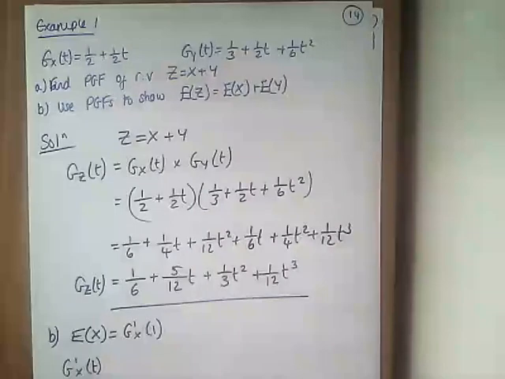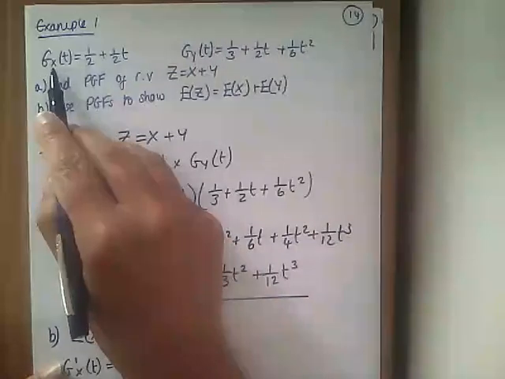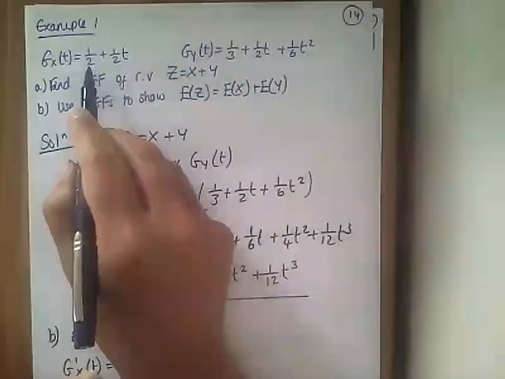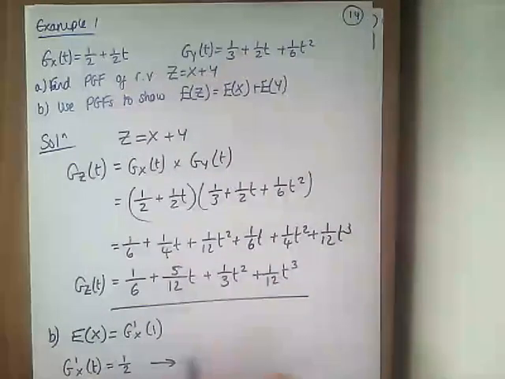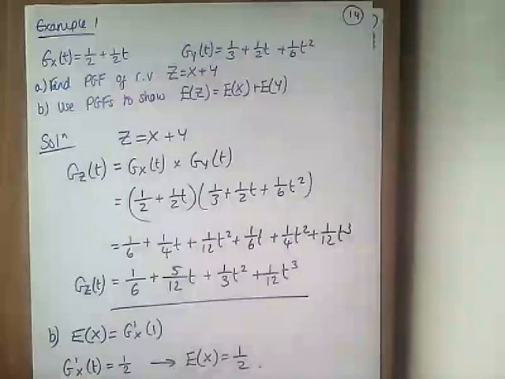So if we take our probability generating function for x and we differentiate it, g dash x of t is just going to be a half. So then when we put 1 in, obviously that's not affected. So our E of x is just going to be a half. Let's do the same for y.